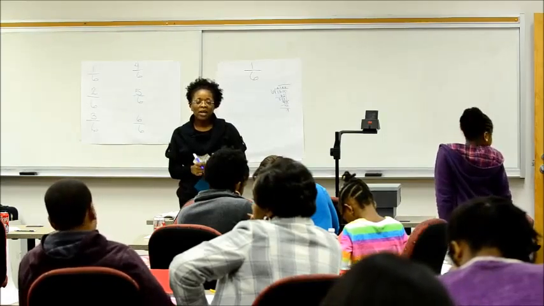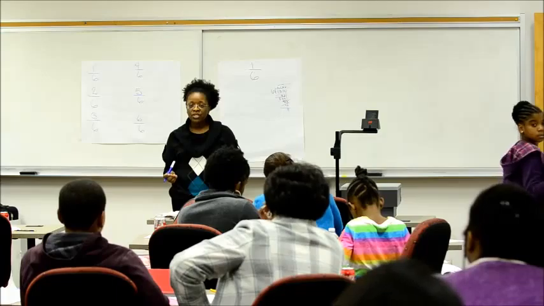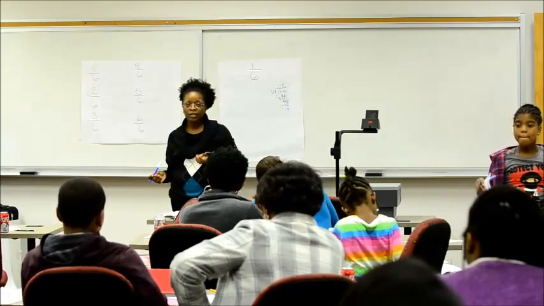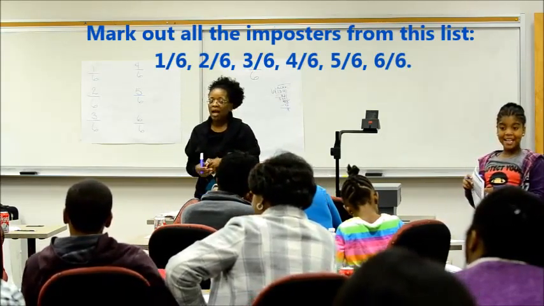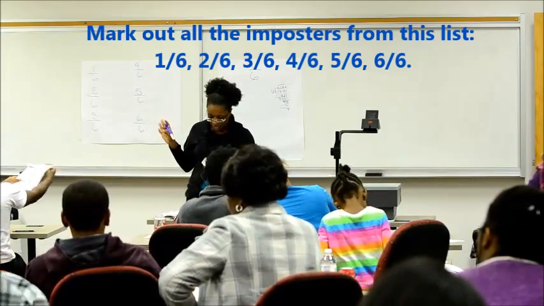You're getting ready to mark out the imposters. Imposters are fractions that are not in the lowest terms. You're going to mark out all the imposters. Which fractions are not in the lowest terms?